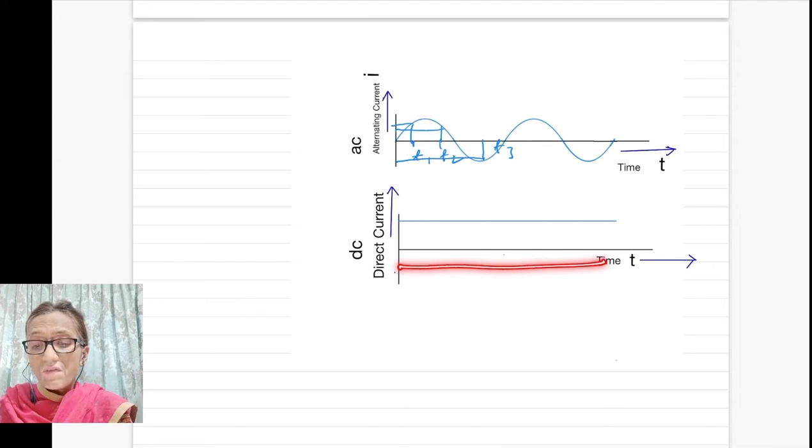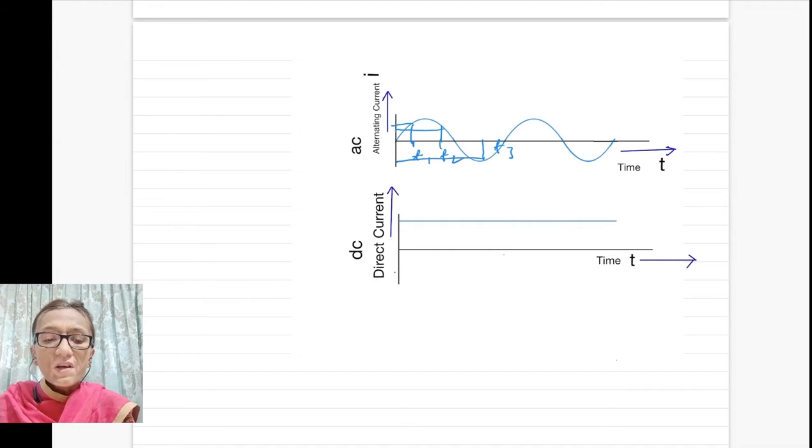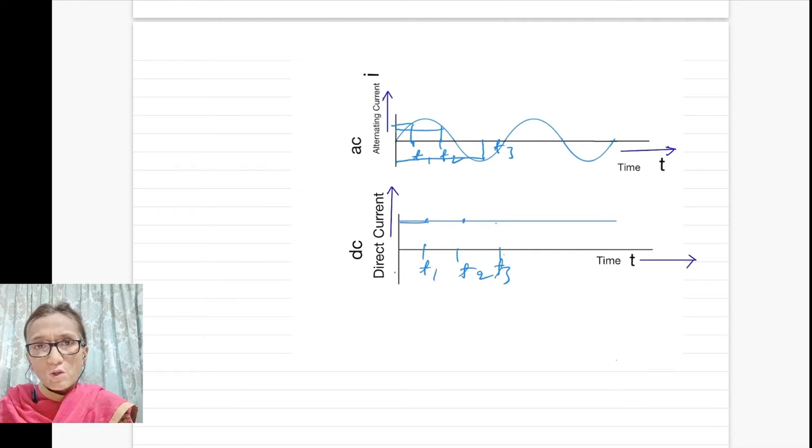But here you have DC. DC has a uniform magnitude at each and every time. At T1, T2, T3, you have the same value of current. The value of current does not change, and also its direction is the same.